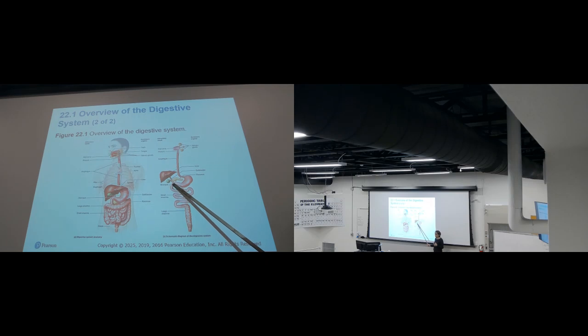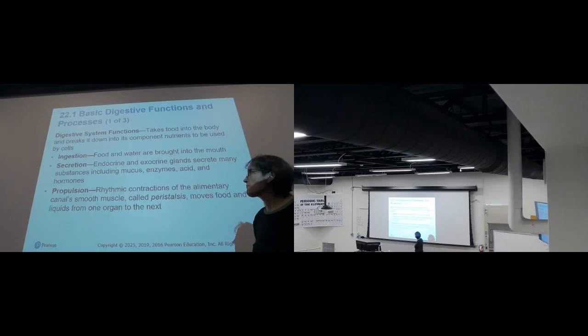Digestive enzymes help us break down foods like proteins, lipids, and carbohydrates. And then the pancreas and the gallbladder empty into the second portion of the duodenum. And those are all the accessory organs.